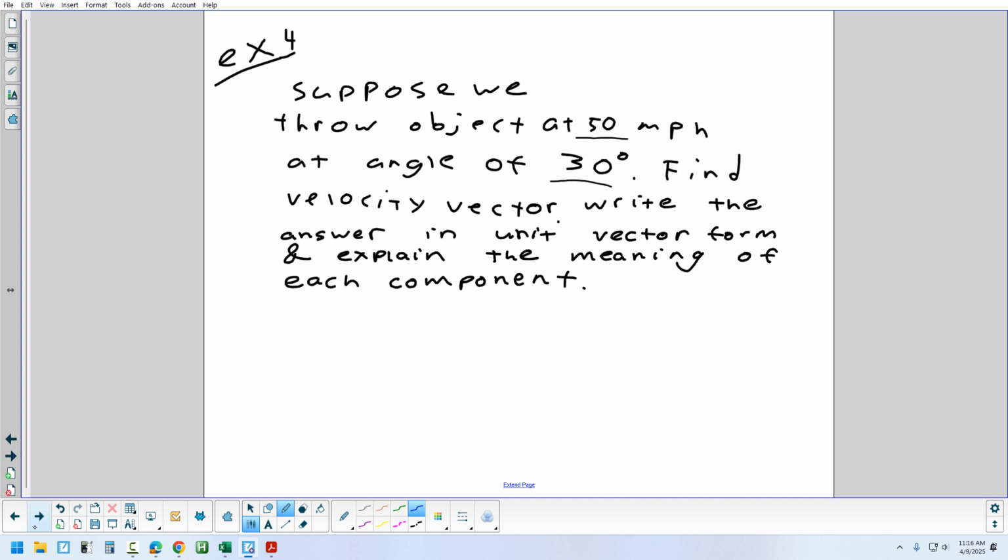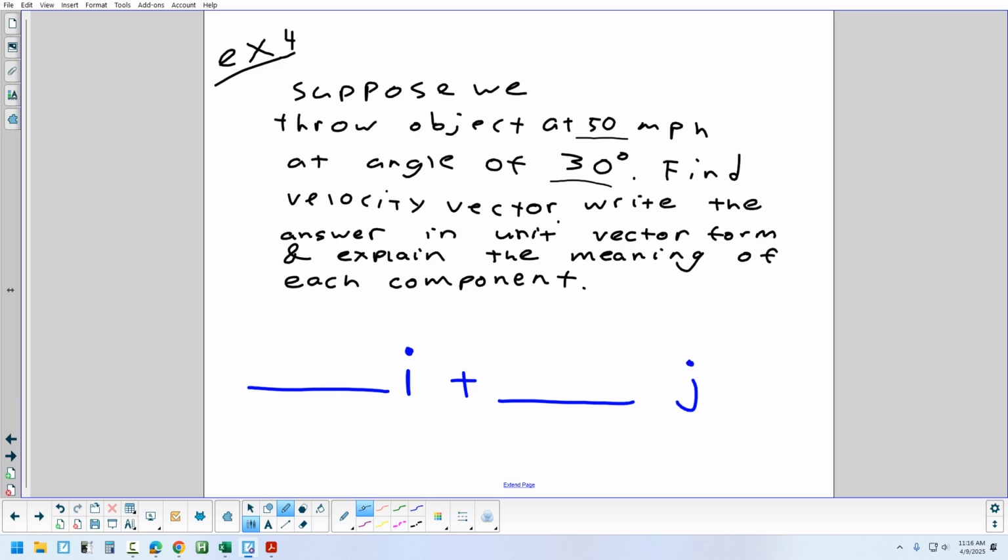Okay, so here's our problem. We're throwing an object at 50 miles an hour at an angle of 30 degrees. Find the velocity vector. Write your answer in unit vector form, which is exactly the formula I gave you. And then once you get your answer, explain what it means. So you're going to have a horizontal component and a vertical component.